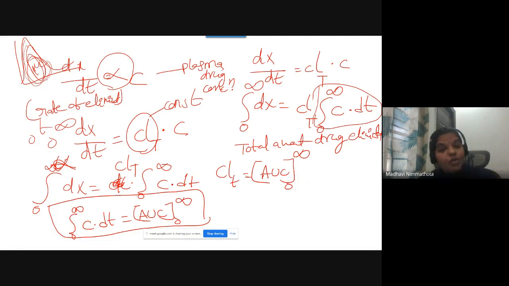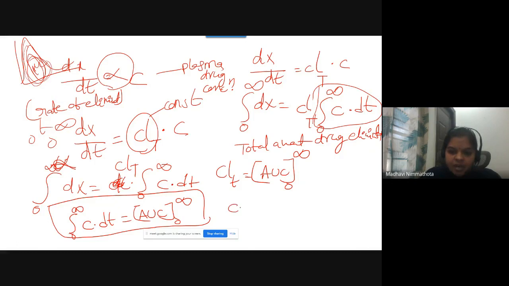So here you need to calculate the clearance, right? For that reason, you have to take AUC into consideration. This AUC will tell you the total amount of the drug available under the curve, and under the curve is nothing but under the body. So to find out clearance, you need to calculate this AUC from 0 to infinity. The concentration of the drug in the plasma into dt is equal to AUC 0 to infinity.